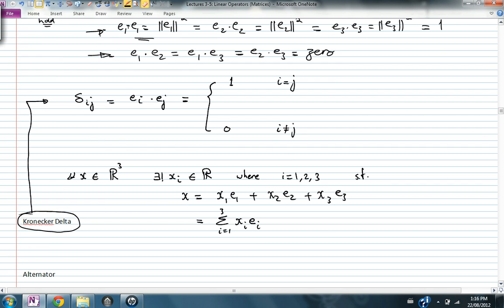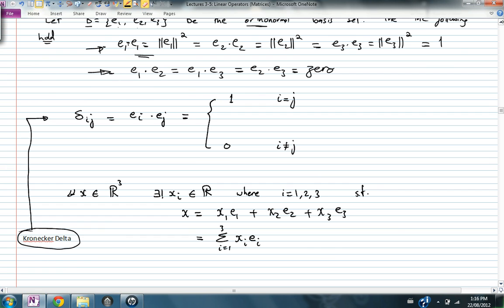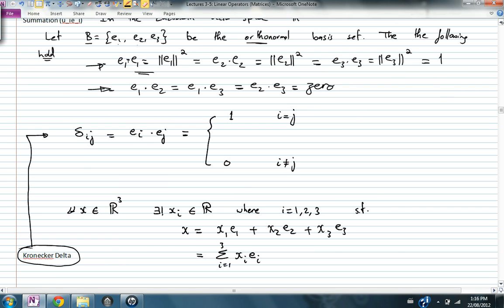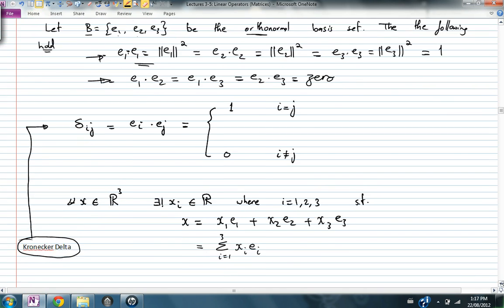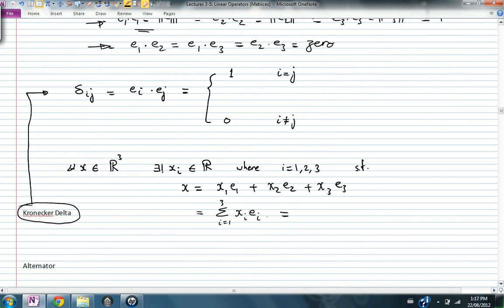Now, in continuum mechanics, the researchers or mathematicians working in continuum mechanics have adopted a convention which is called the summation convention, or the Einstein Summation Convention, by which once we have xi multiplied by ei, we can just write xi ei, and when the index i is repeated, then summation is implied.